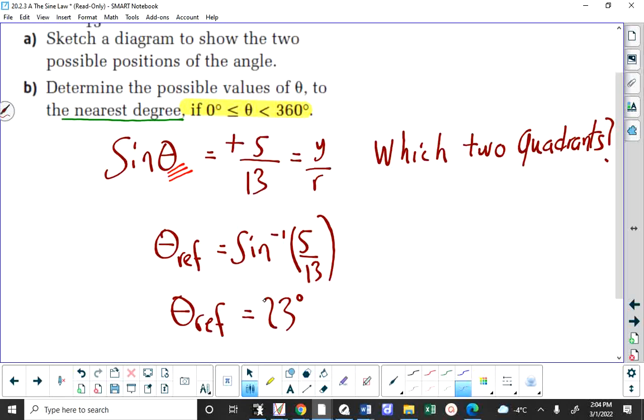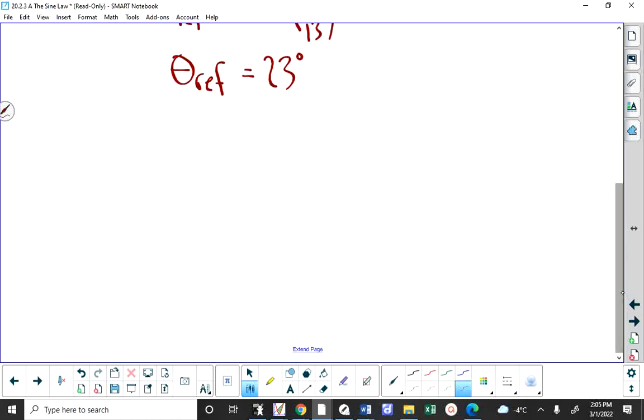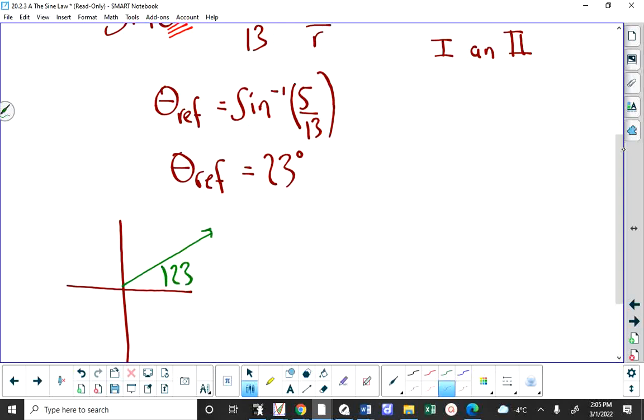So you find the reference angle, you answer this question, and then you sketch the 2 possible cases. So if the rotation angle lies in quadrant 1, and the reference angle is 23 degrees, then what is the rotation angle?